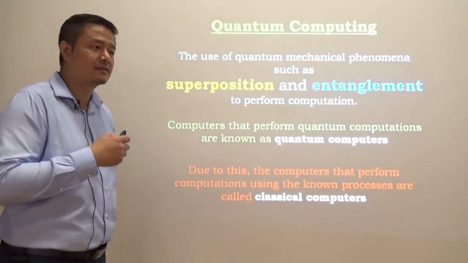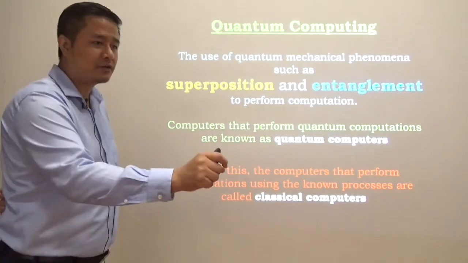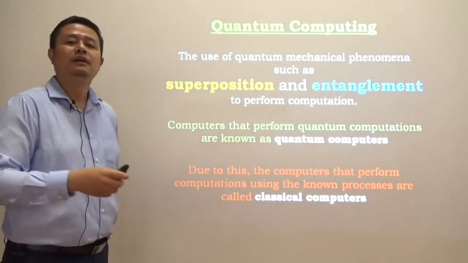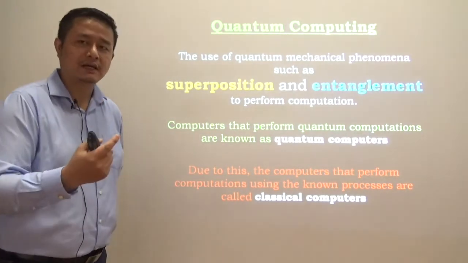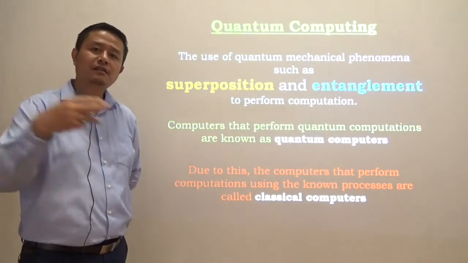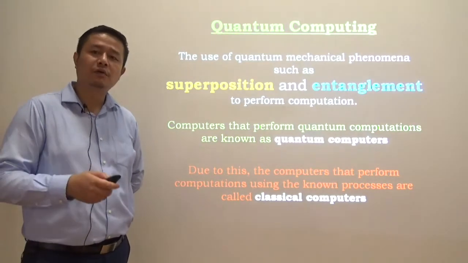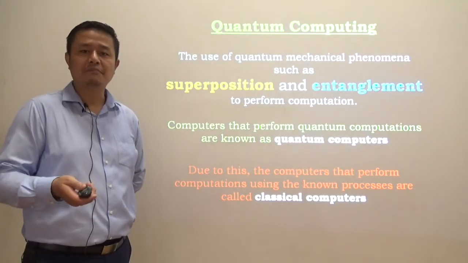So the mechanics, the motions that happen at the atomic scale, they are small enough. At that scale, classical mechanics or Newtonian mechanics cease to hold. They fail. So that is the reason why we have a new physics called quantum mechanics.